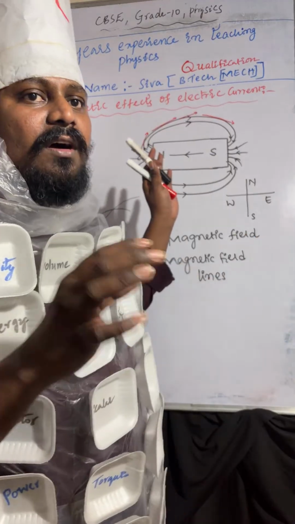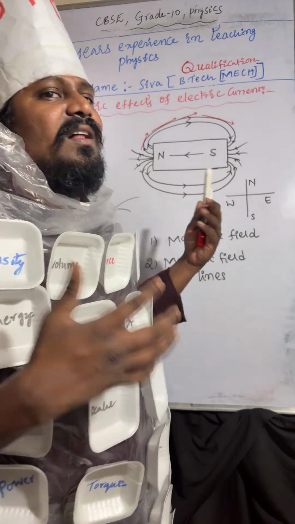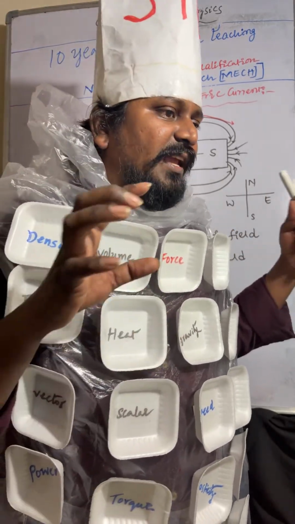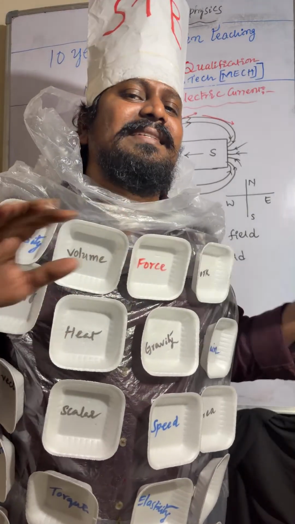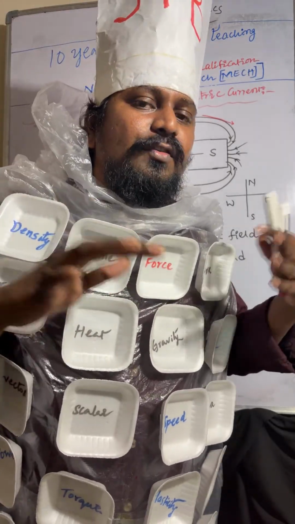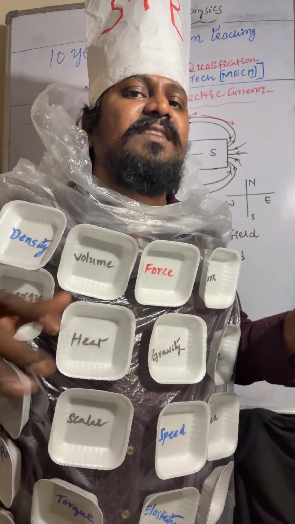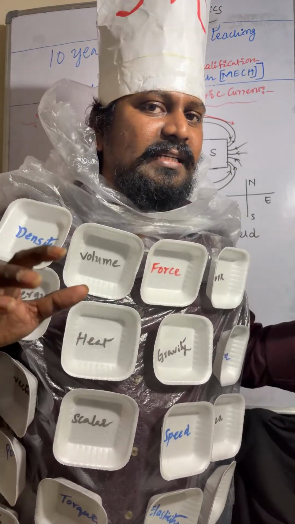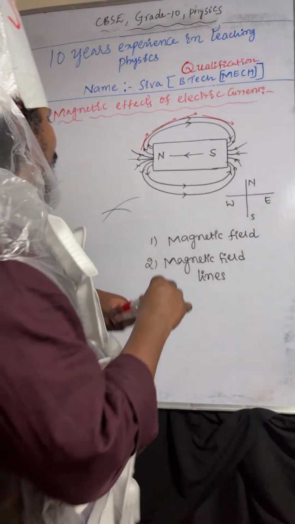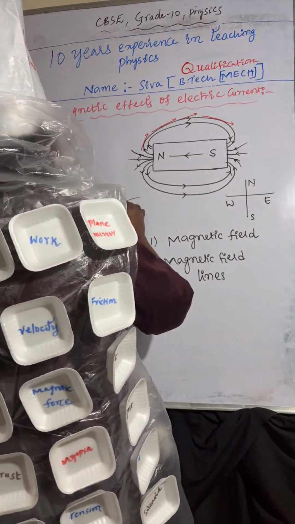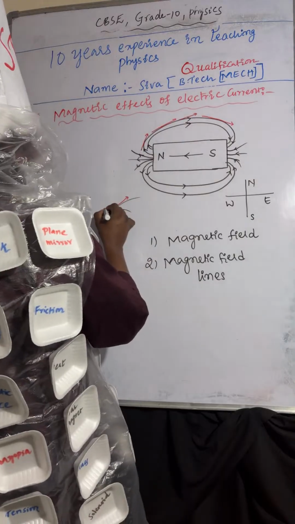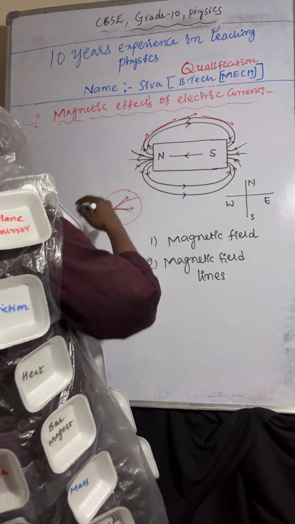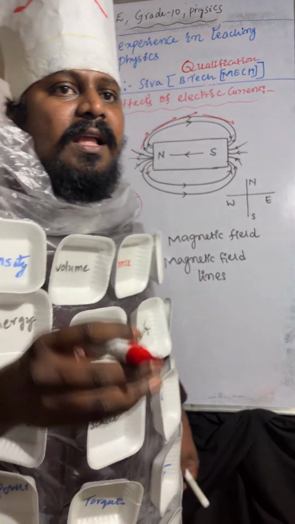We know that. So, sir, why are you saying all these points? What is the reason? As I mentioned, if two magnetic field lines intersect, what happens? The compass should show two directions at a time, which is not possible.